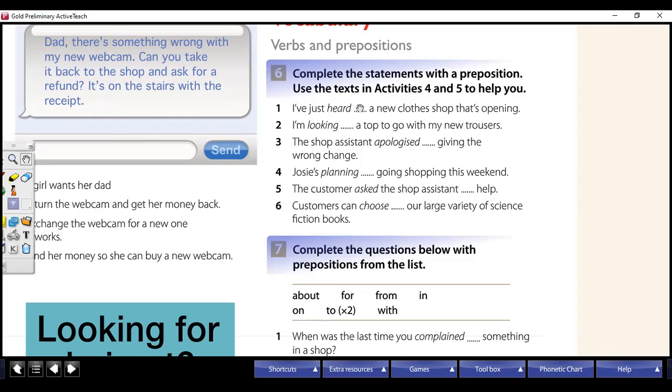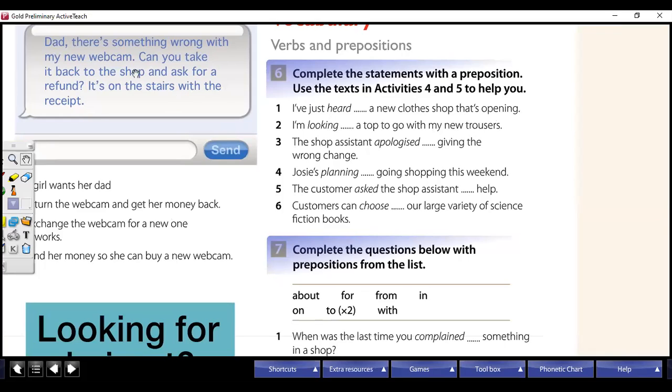What is the preposition? Do you know the preposition that goes in here? I've just heard. You hear? Sorry? About? Yes, about. So I've just heard about a new clothes shop that is open. I'm looking for a top to go with my new trousers. The shop assistant apologized.